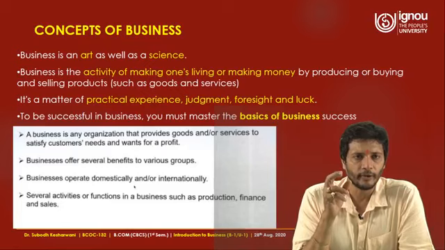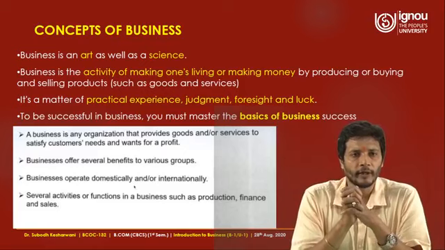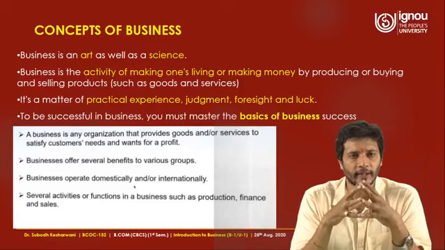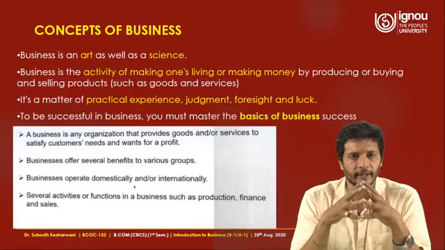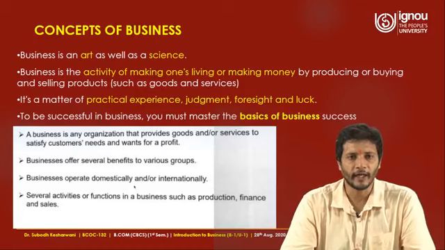So if you see these concepts, business is an art as well as a science. Business is the activity of making one's living or making money by producing or buying and selling products such as goods and services. So when you talk about business, we have to see that the format and style of business have changed, and the way business is going on is a matter of practical experience, judgment, foresight, and luck.